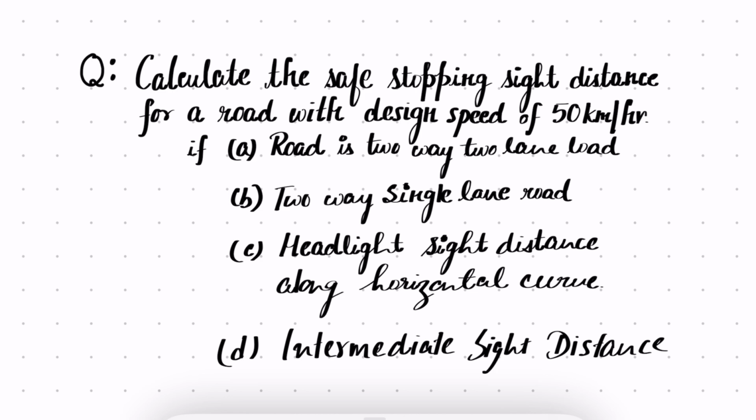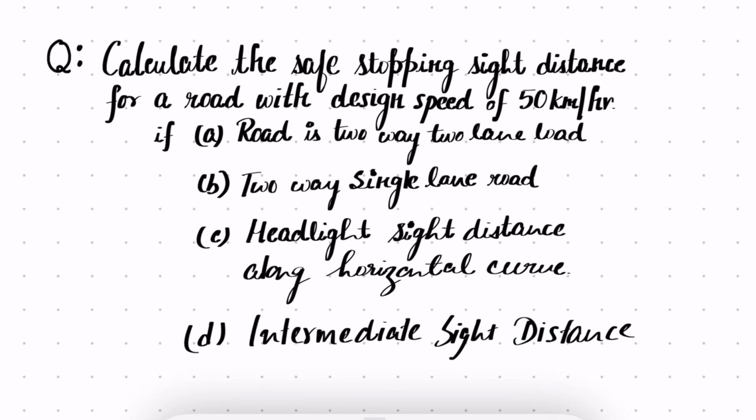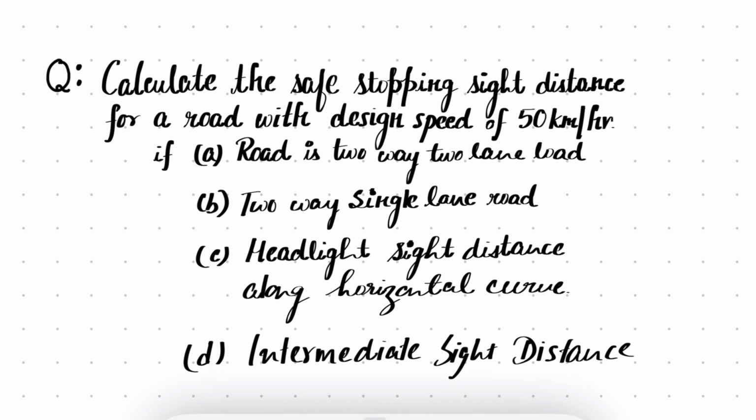So, talking about the numericals, the first question that we have in front of us is this one. We have to calculate the safe stopping distance for a road with a design speed of 50 kilometer per hour. Basically, we have a design speed of 50 kilometer per hour, and we have to find out the safe stopping distance if that road is a two-way, two-lane road.